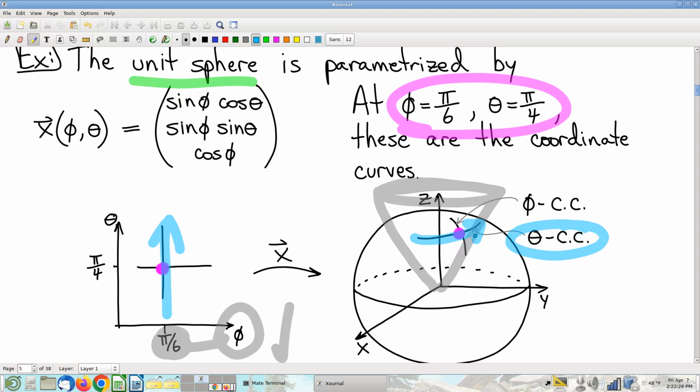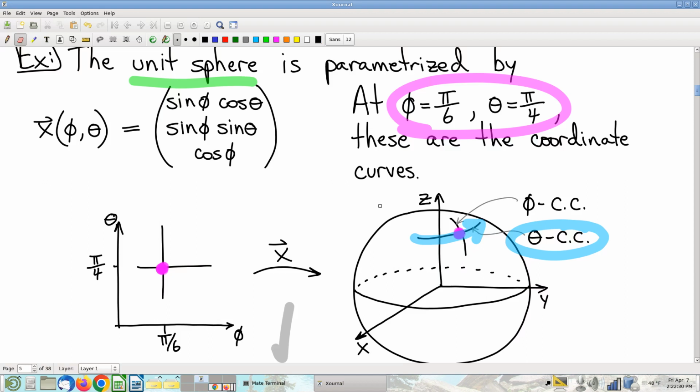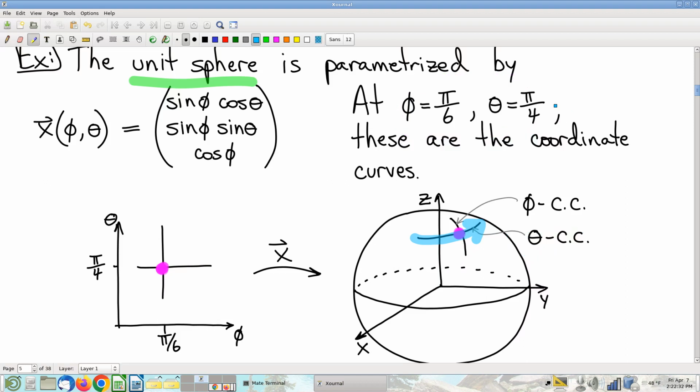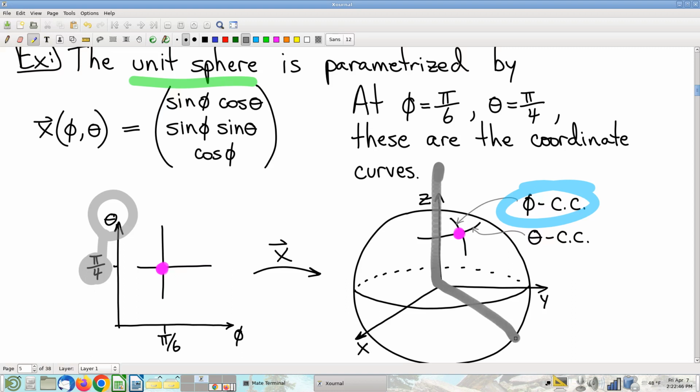Let's do the other one. Let's consider now the phi coordinate curve. What does the phi coordinate curve look like? Well, the phi coordinate curve comes from fixing theta. So I'm going to consider theta fixed. What does it look like when we fix theta? Well, geometrically, there is a theta plane.